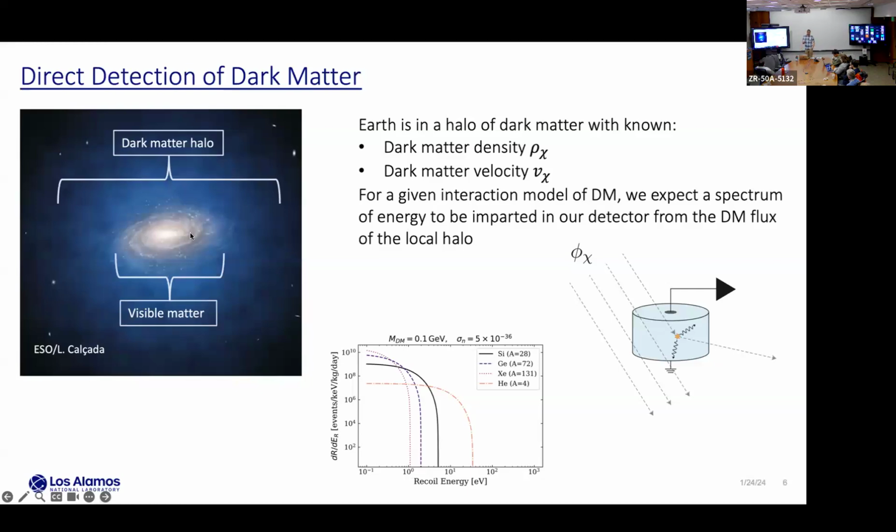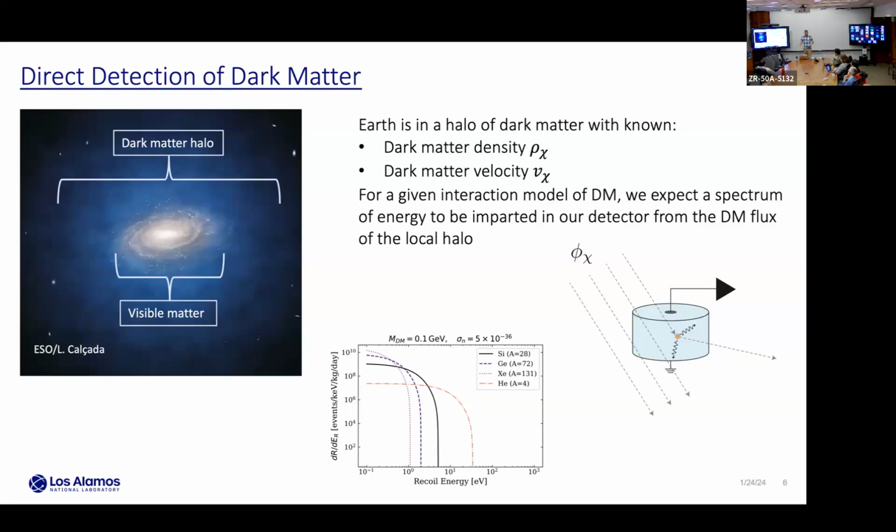And so we're constantly rotating through this halo of dark matter. We know the density of the dark matter in our halo, and we know the velocity of the dark matter in our halo. And so that means we can quantify the dark matter flux that's just raining down on Earth at all times.